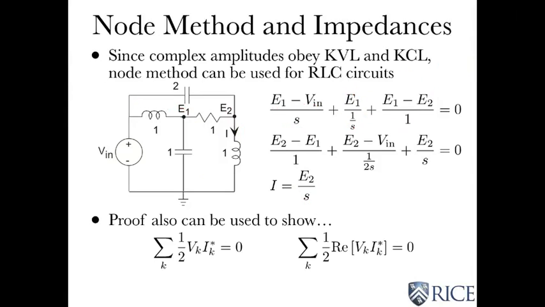And similarly, because it works, the proof that we just used to prove conservation of power applies also to complex power, and this is the average power for the kth element that also applies.